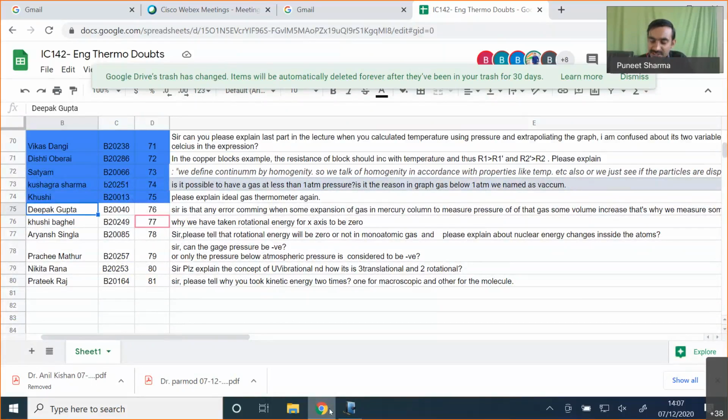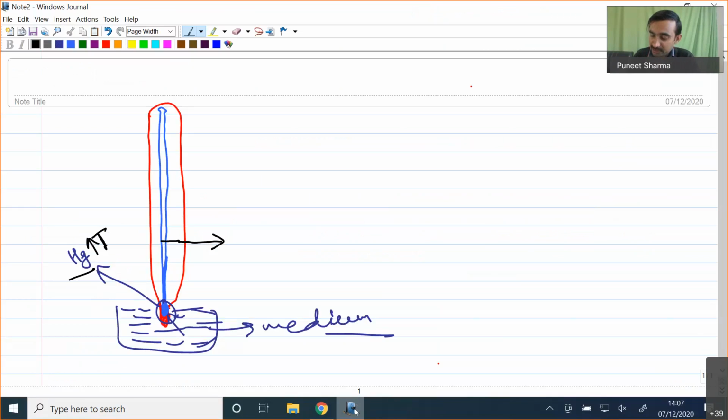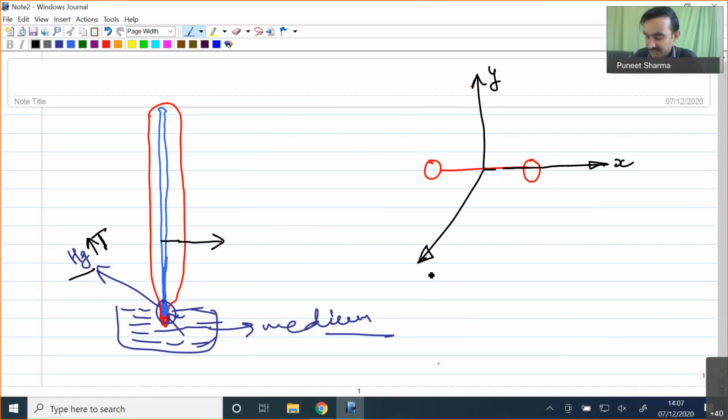Then we have the next question: why have we taken the rotational energy for the x-axis to be 0? Let me explain this concept. I am considering my oxygen molecule, and for this molecule I have considered this as my x-axis, this as my y-axis, and this one as my z-axis.